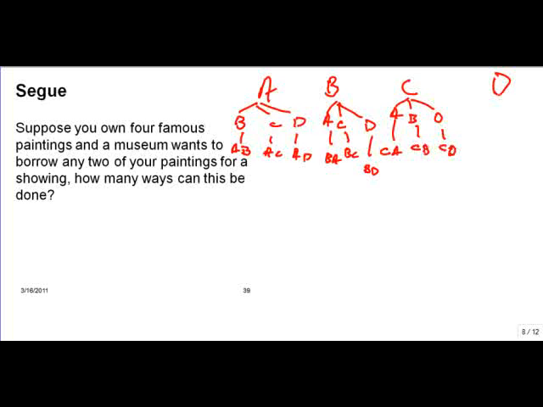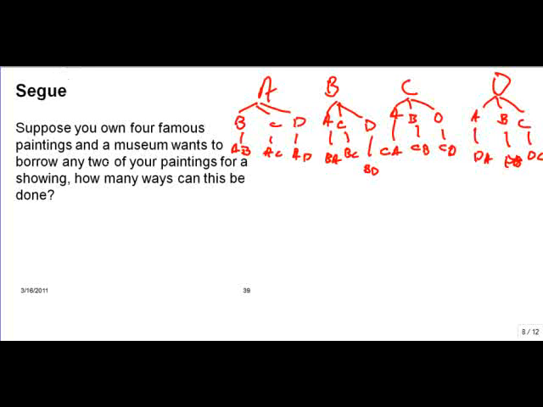And if I chose picture D, then I have A, B, and C. So that means I have arrangement DA, DB, and DC.